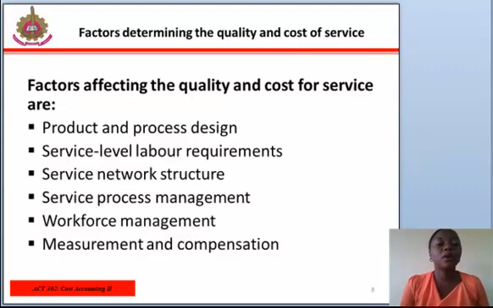Factors determining the quality and cost of service. Effectively managing service operations is crucial to controlling labor costs and improving customer satisfaction. By addressing 6 drivers of performance, executives can go a step further, turning their service operations into a key source of competitive advantage. Many companies have successfully transformed their manufacturing, R&D, that is research and development, and other business functions, improving their performance while stripping out cost.